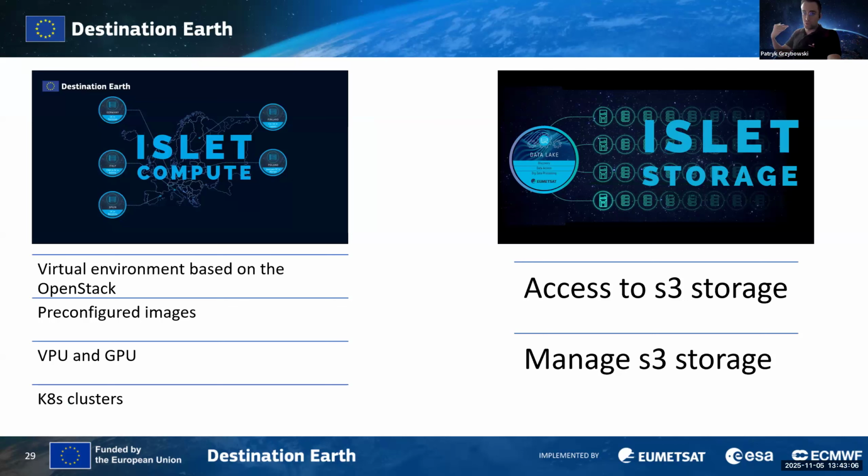But of course, you can create your own base image. What's important, not only CPU is provided, but also GPU. ILET storage is about accessing and managing the object storage provided by ILET, which is in fact connected with the ILET compute.